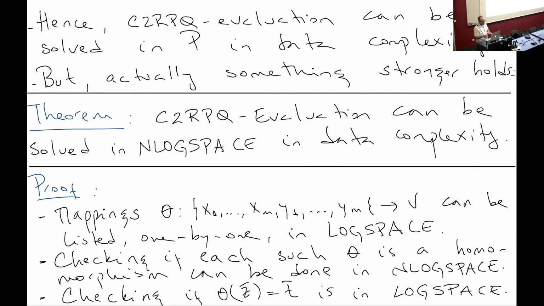And it becomes polynomial, and in fact NLOGSPACE, that means it's highly parallelizable in data complexity once you fix the size of the query. And this is a property that practical query languages like relational algebra or SQL, which is based on relational algebra, have. They have exactly the same kind of properties. They are polynomial in data complexity.